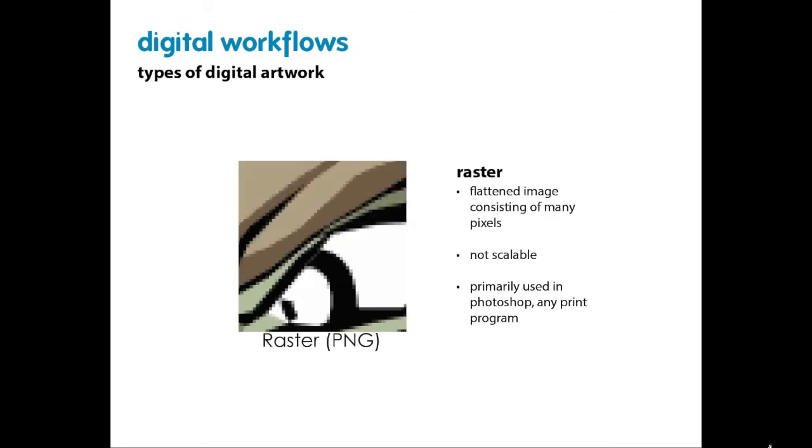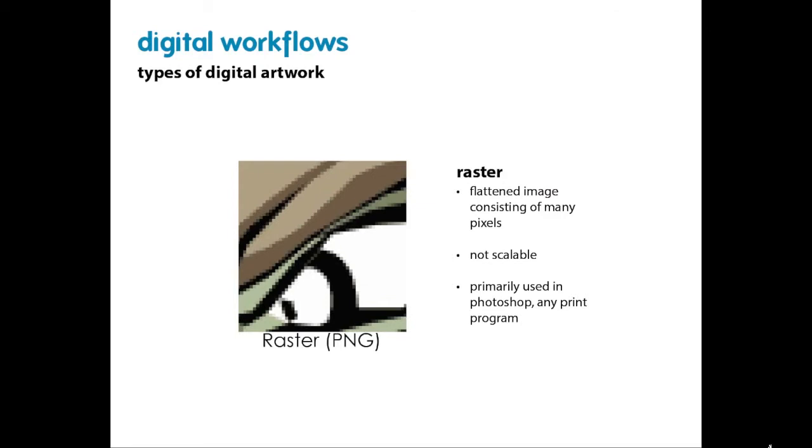And then put this into contrast with a raster, which is a flattened image consisting of pixels. You can see here how there's a jagged sort of sawtooth look around all of those edges. That's because when you're working with rasters, it's effectively a grid of pixels where each little square has its own color value, and that color value is fixed in space.